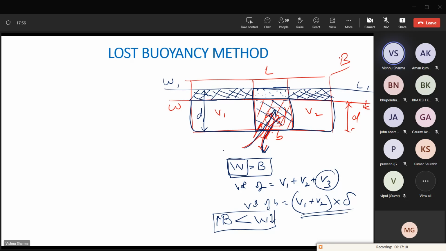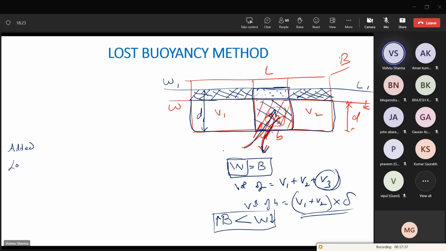So guys, please remember, in the added weight method and in this case, what is the trigger? The trigger is the shortfall in buoyancy, and we say loss of buoyancy. You have lost V3, the buoyancy, and therefore the vessel has to sink to regain this lost buoyancy.